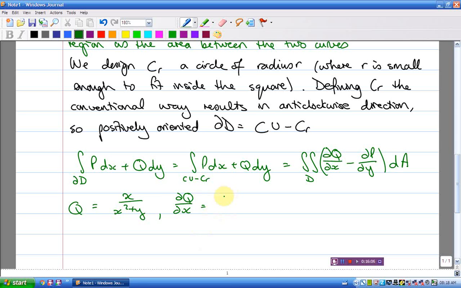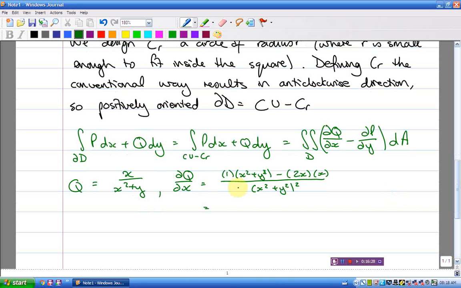The quotient rule says derivative of the numerator times the denominator minus derivative of the denominator times the numerator, all over the old denominator squared. That looks pretty horrible, but don't worry, things do simplify. So I'm going to have x squared plus y squared minus 2x squared. So that's actually going to be y squared minus x squared over x squared plus y squared, squared.